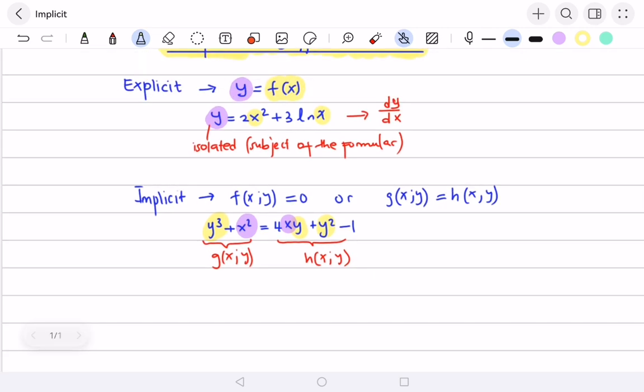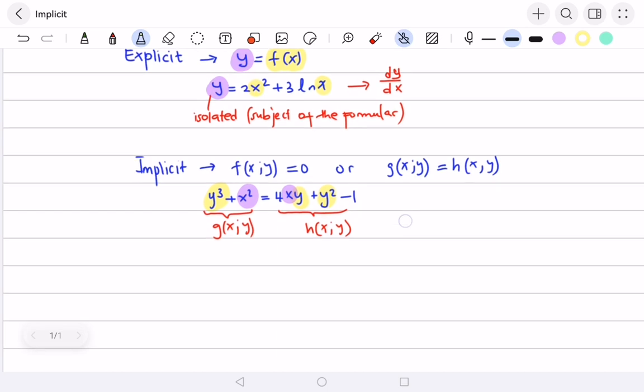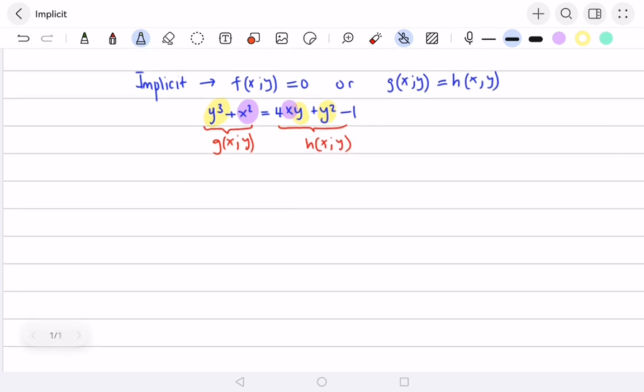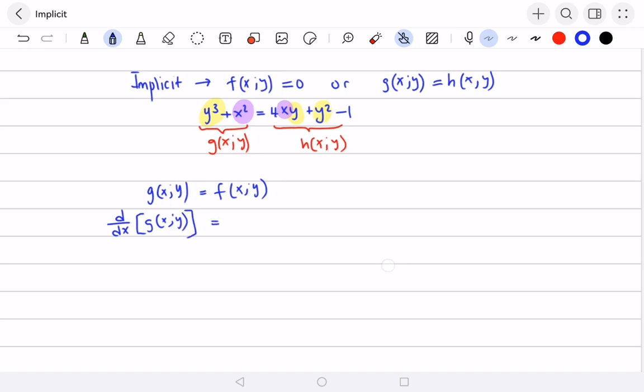You can differentiate this function by differentiating both sides, and this is called implicit differentiation. The first step of implicit differentiation is to differentiate both sides. So if you have g of x and y equals f of x and y, you can take the derivative of both sides with respect to x.